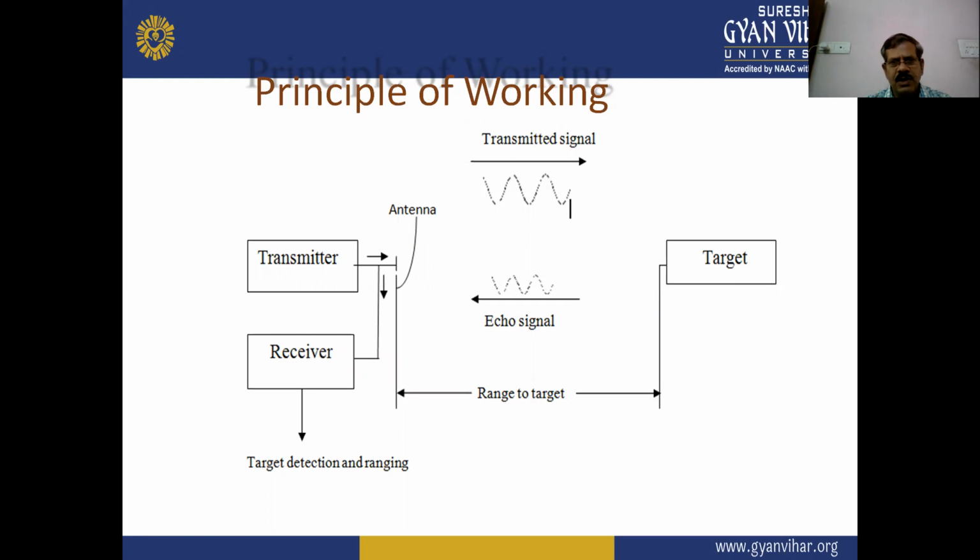The distance between target and antenna is the range of the target. After transmitting, the signal finds the target and returns in the form of echo signals.